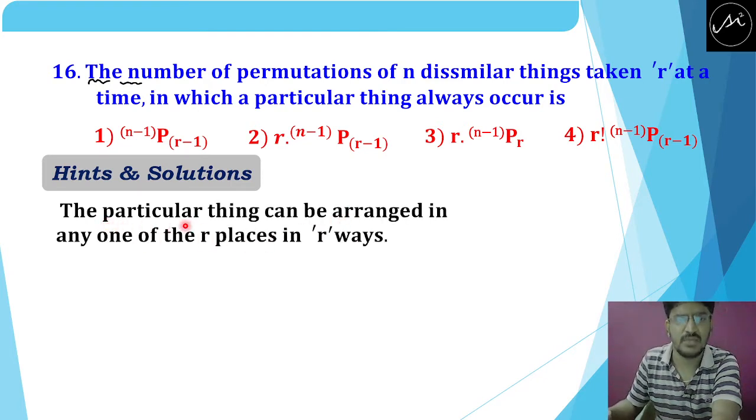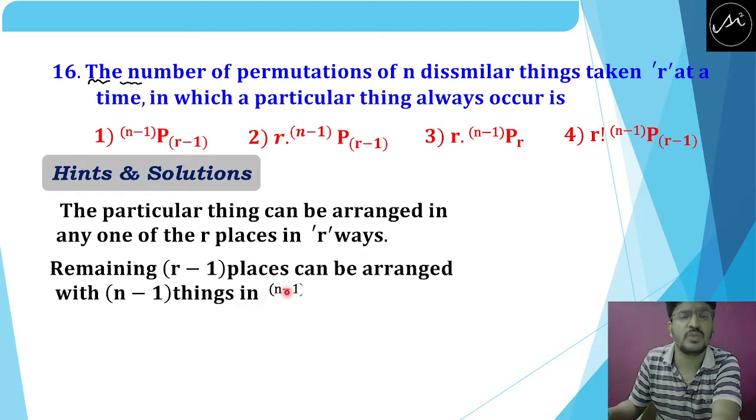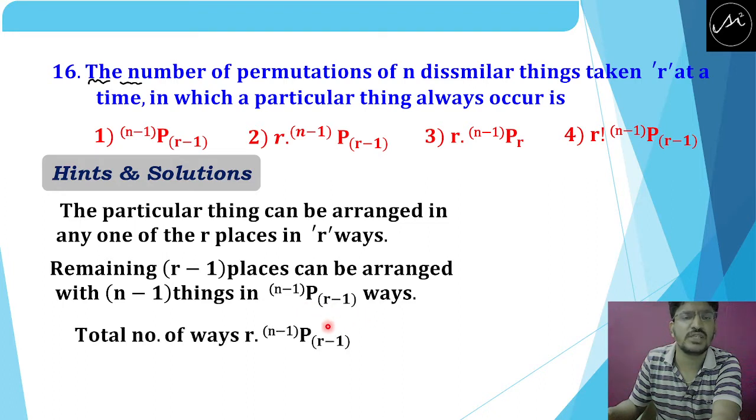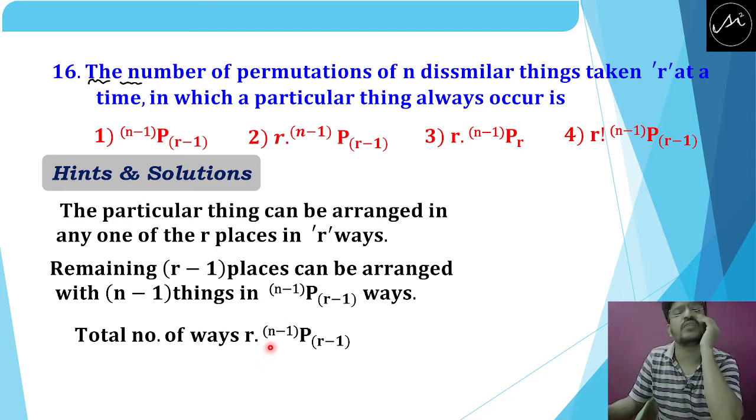The particular things can be arranged in any one of the r places in r ways. The remaining r minus 1 places can be arranged with n minus 1 things. So therefore nP(r-1) with n minus 1, that is (n-1)P(r-1) ways, will be the right answer. The remaining r ways have to be multiplied here, so the total number of ways will be r multiplied with (n-1)P(r-1).